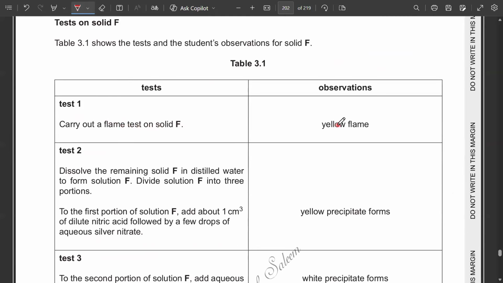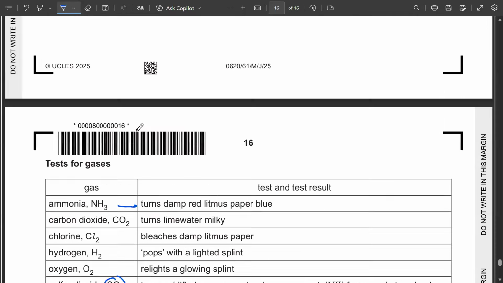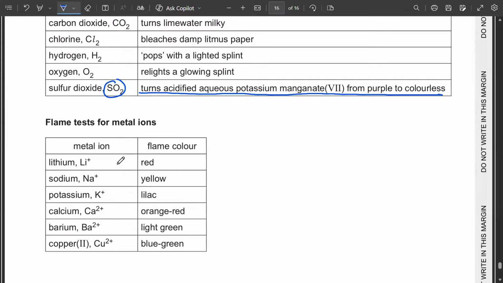So if you look at the qualitative notes, yellow flame is provided by the sodium ion. Sodium ion is providing the yellow flame. So this is clear from the question.